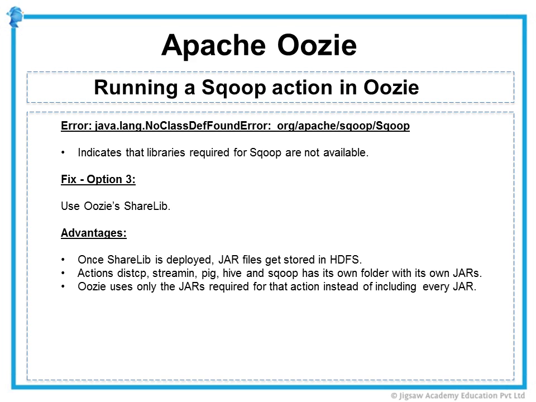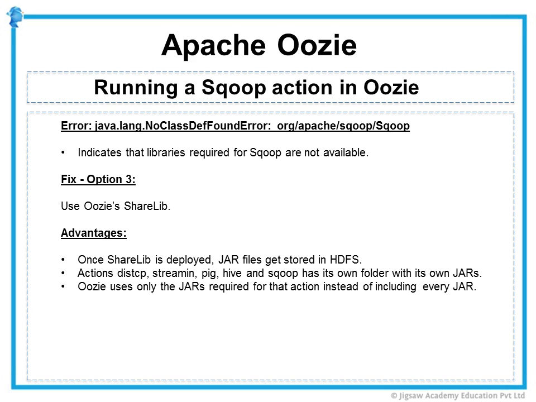So once you deploy ShareLib, all of the jar files that are required get stored in HDFS in a particular folder, which we'll examine in a couple of minutes. And each of these actions has its own folder in HDFS, and it has its own jars. So this allows Oozie to use only the jars required for that particular action instead of every jar.